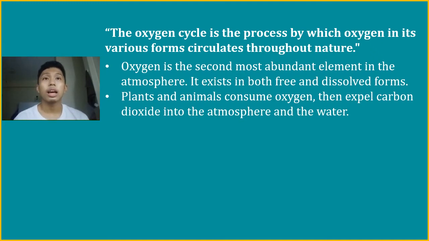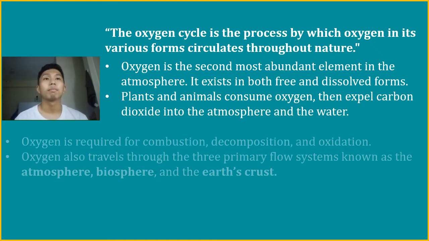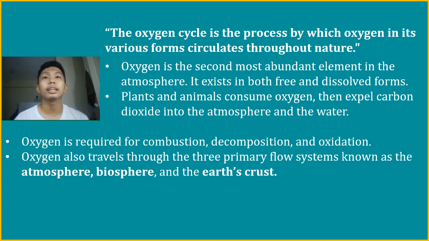Nitrogen is the most abundant element. Plants and animals consume oxygen as part of their metabolic process and then expel carbon dioxide, or CO2, into the atmosphere and water. Furthermore, oxygen is required for combustion, decomposition, and oxidation processes.